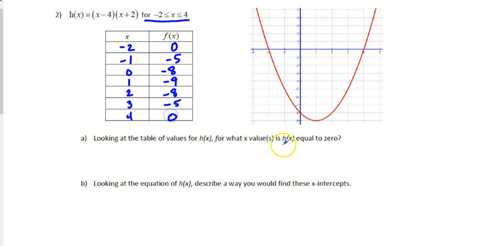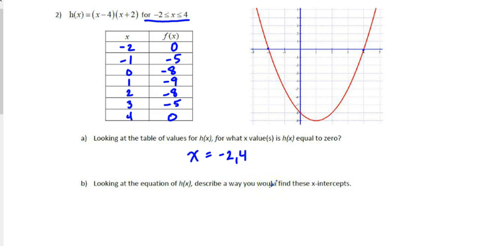Question A. Looking at the table of values, what values is h of x equal to 0? Well, hopefully you identified those points. Just ask me for the x values. And now it says, looking at the equation of h of x, describe a way you would find these x-intercepts.